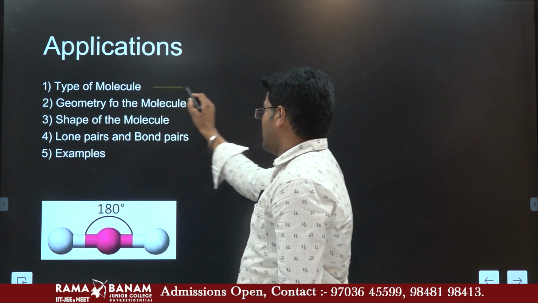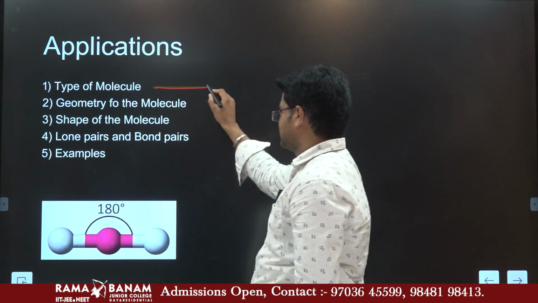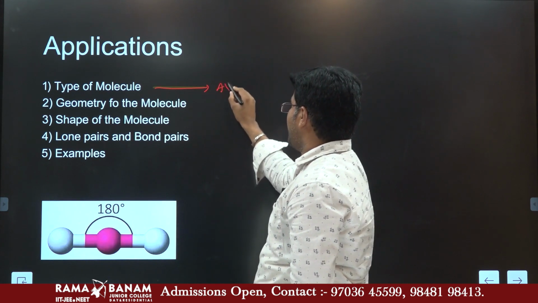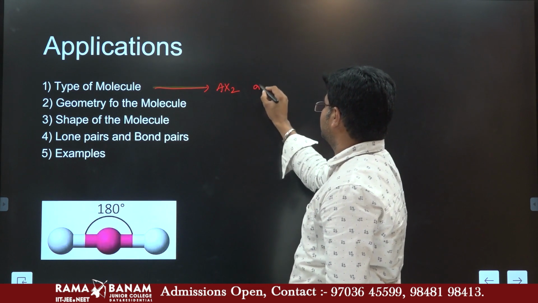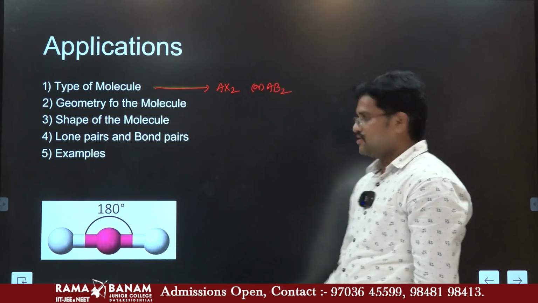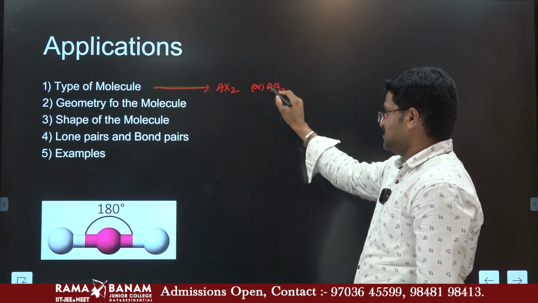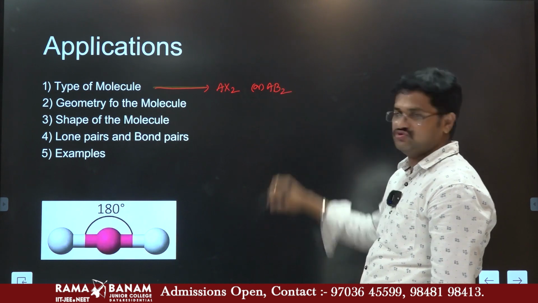The type of molecule is AX2, or AB2. AB2 means here A acts as the central atom, B is the bonded atom. How many bonds here? 2 bonds, 2 bond pairs.